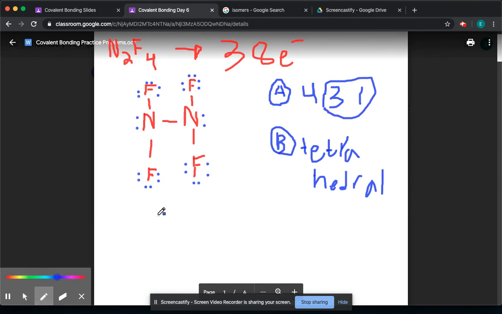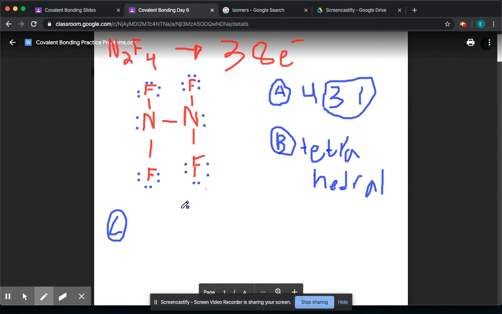C asks us for the EDG of fluorine. So let's pretend that fluorine is now my central atom. The first digit is again the number of bonds and lone pairs. How many lone pairs do we have? We have 1, 2, 3 lone pairs. How many bonds do we have? We have one bond. So the lone pairs plus the bonds would be 4 again.